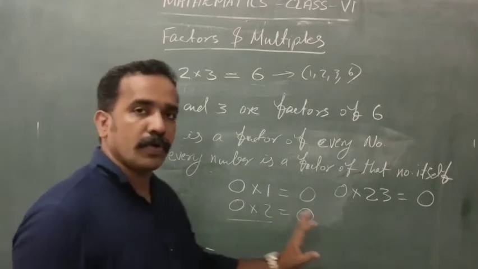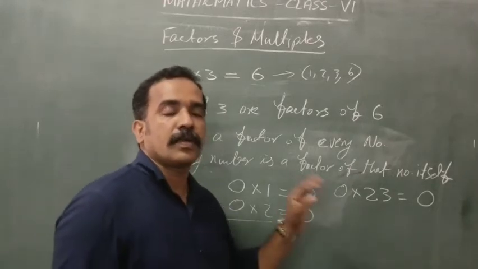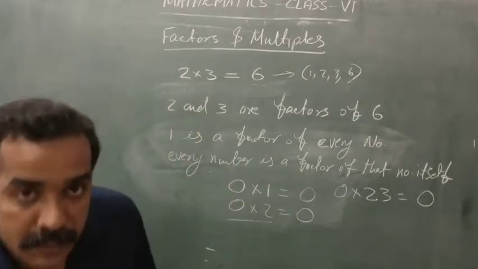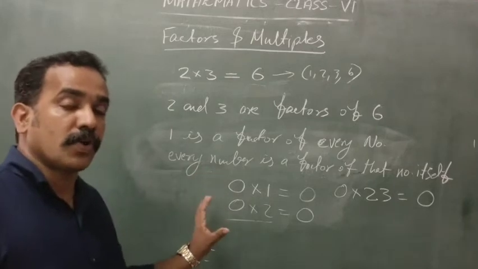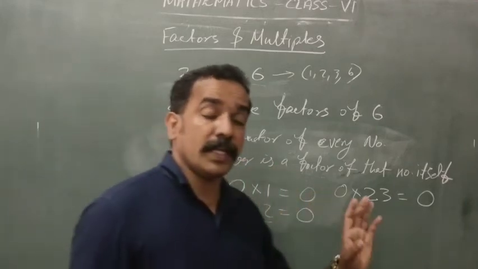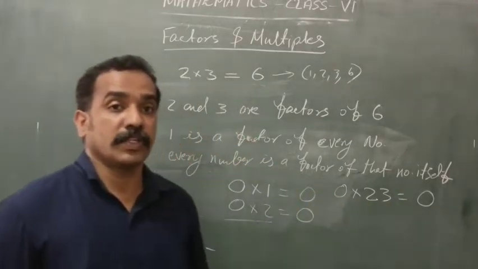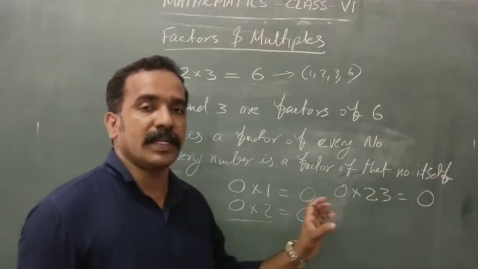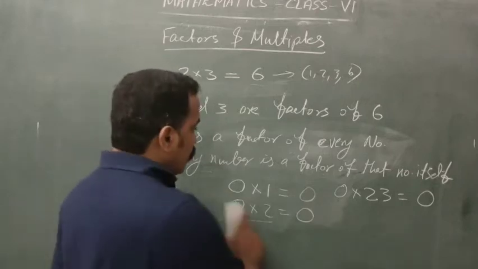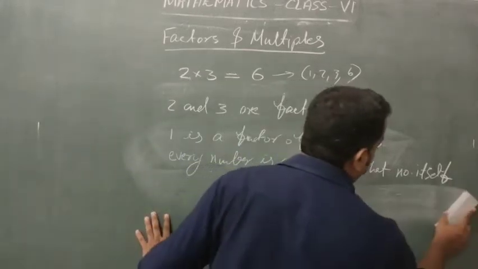Understand? 0 into 0 is equal to 0. But other than 0, any other number does not have 0 as a factor. We cannot divide any number by 0. But 0 has infinitely many factors.